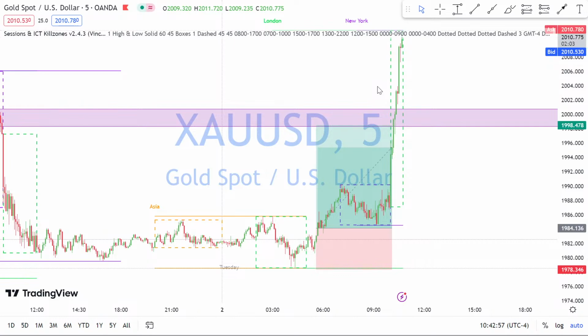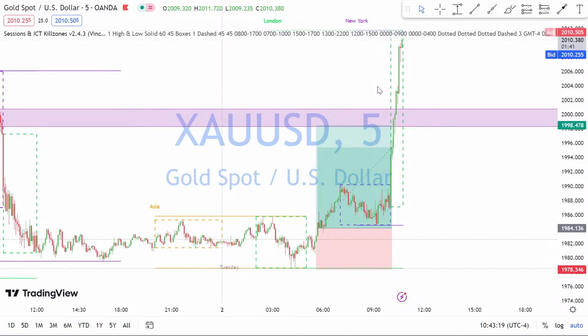Another example here, this is the euro dollar, just to show you how the London Close encapsulates the daily range. Okay, we have the Asian range in here. The high created during the Asian market. I actually traded this pair. Again, this is a very similar chart we've used in this series so far. But the high forms in Asia.